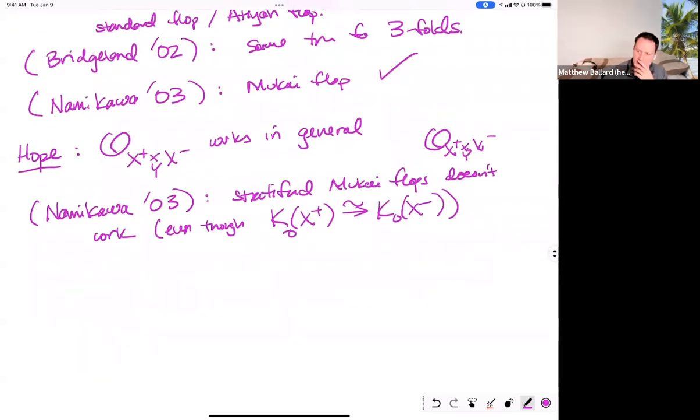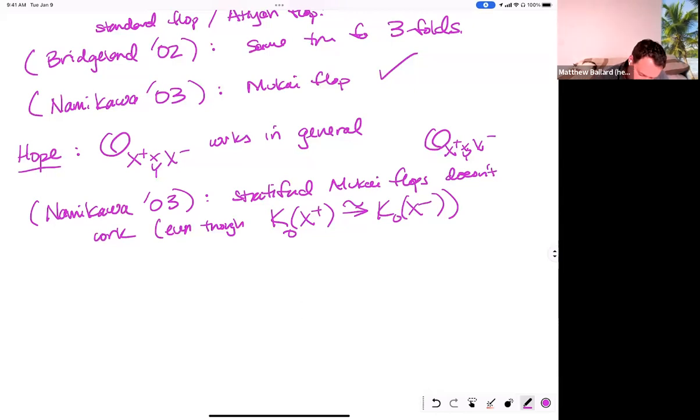And so there ends the story for a holistic construction of an equivalence in general for flops, and constructing a Fourier-Mukai kernel.